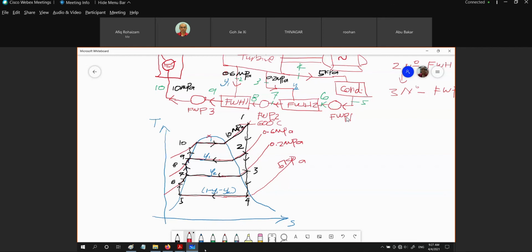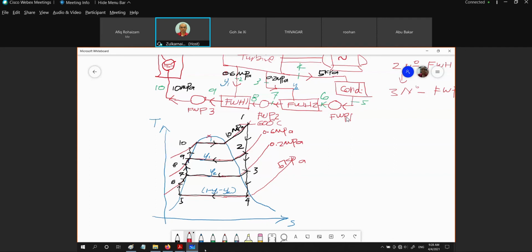Okay. Now, let us look at points 2, 3, and 4. I want to determine actually what is the state. So, of course, state 1 is superheated vapor.